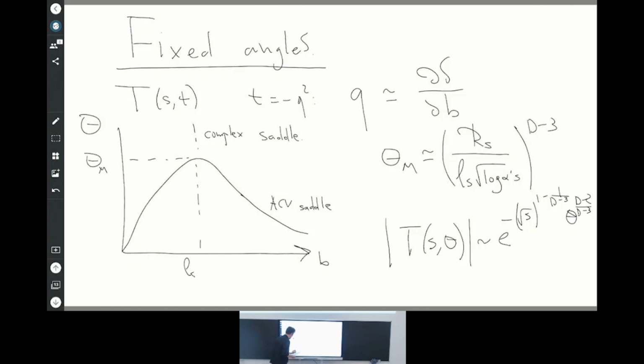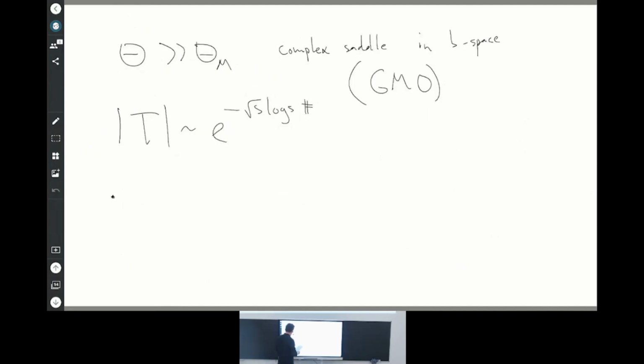It's always the same, l_s square root of log s, alpha prime. So here it's a real saddle, and then also you get complex saddle. And so then what you find is that B is always larger than l_s square root of log s.